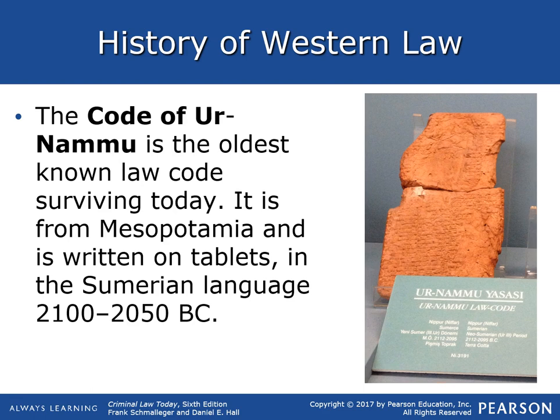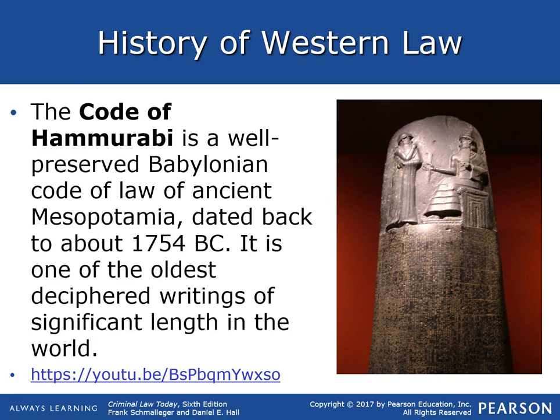And imagine, when you think about it, that we actually had laws that spelled certain things out, or codes, from that long ago. Another interesting one would be the Code of Hammurabi. This is a well-known preserved Babylonian code of law of ancient Mesopotamia, dating back to about 1754 BC.